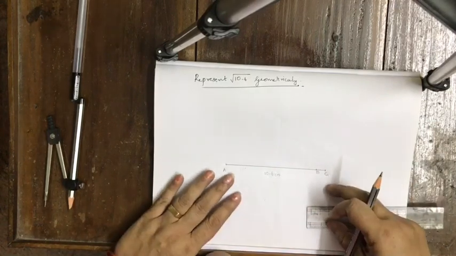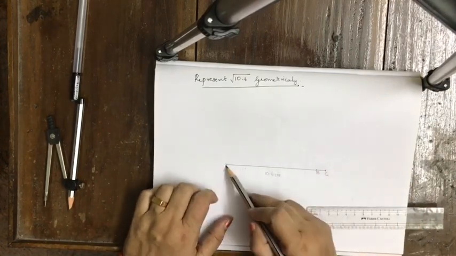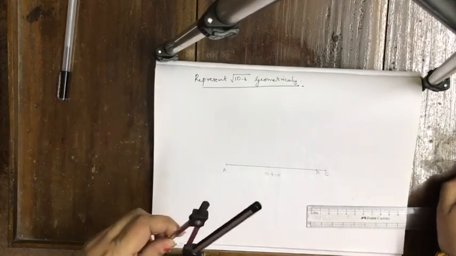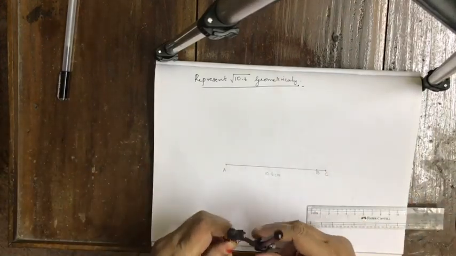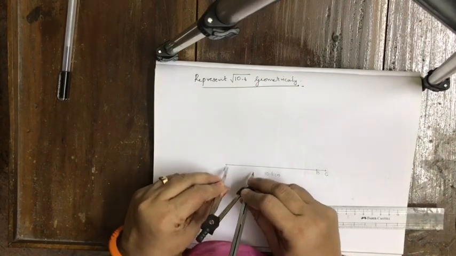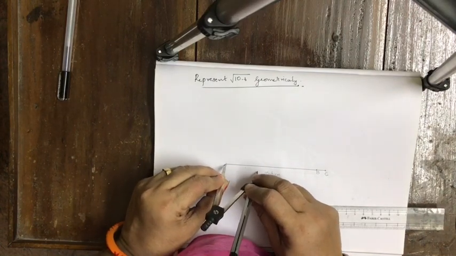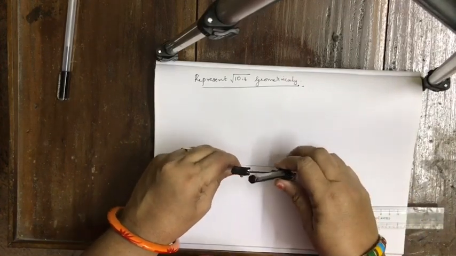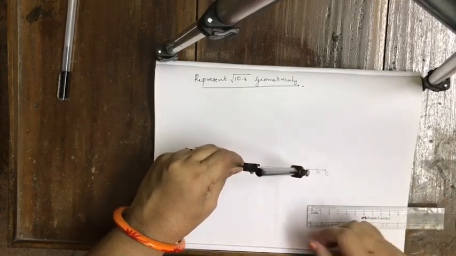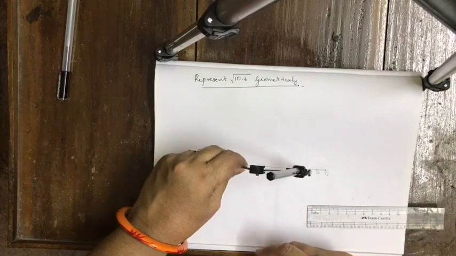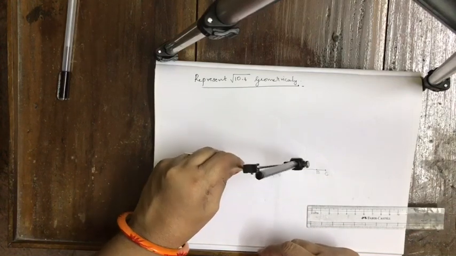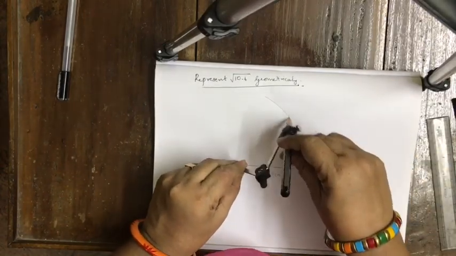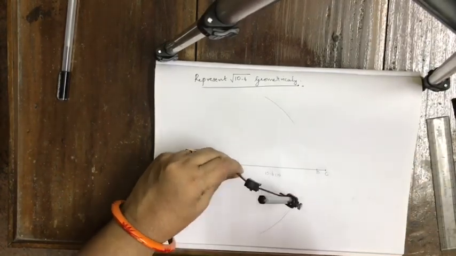Now find the midpoint of AC. How to find the midpoint of AC? Construct the perpendicular bisector of AC. Keeping at A, take a measure more than half of AC. Keeping at A, strike one arc above the line, one arc below the line.